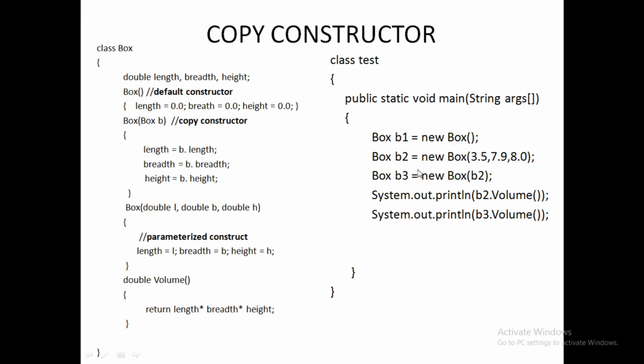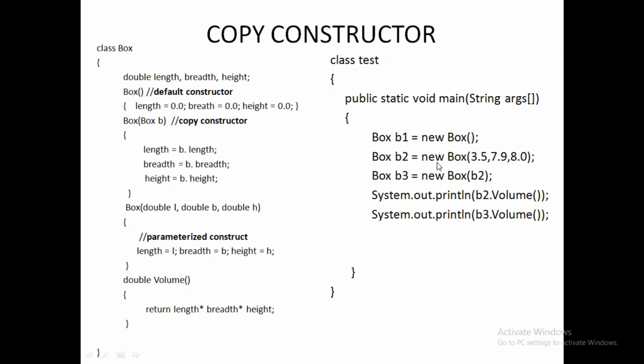So now going to the details of the test class to understand how these constructors are used. Here I have created the b1 object with the default constructor. Therefore the instance variables of b1 will be initialized with the 0 values, as is the case with the body of the default constructor.